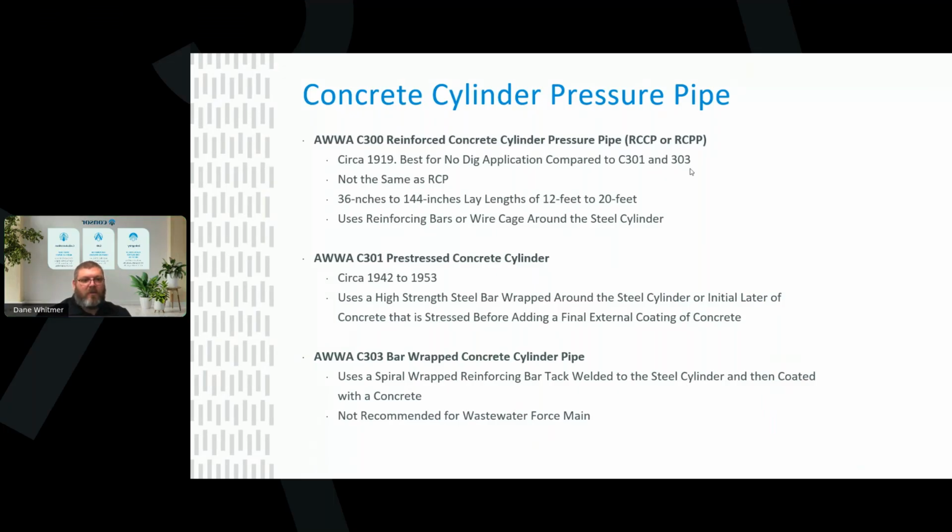So, concrete cylinder pipe. These are AWWA C300 reinforced concrete cylinder pipe. There's also pre-stressed concrete cylinder pipe, and then there's also bar wrapped concrete cylinder pipe.